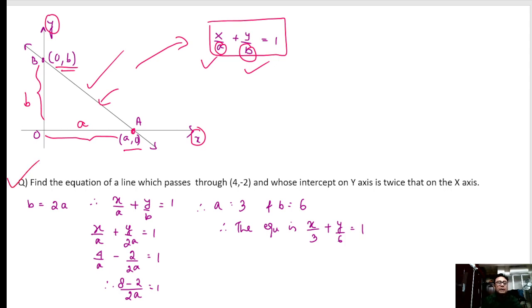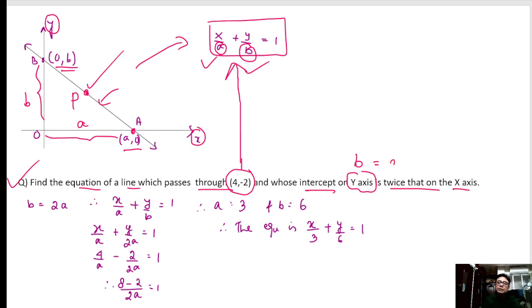Question number 1: find the equation of a line which passes through the point (4, -2). That means this point (4, -2) has to lie on this line, and the line makes intercepts such that the intercept on the y-axis, b, is twice that on the x-axis.